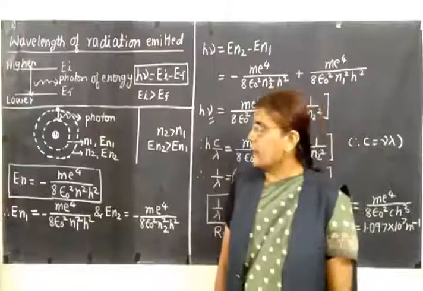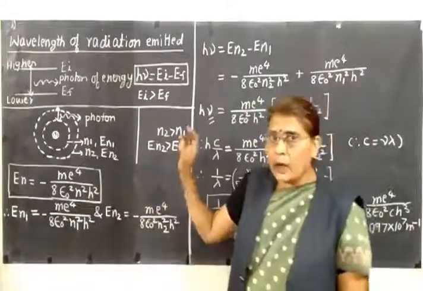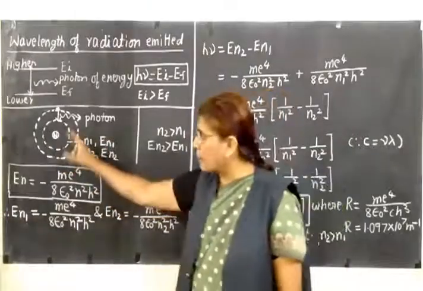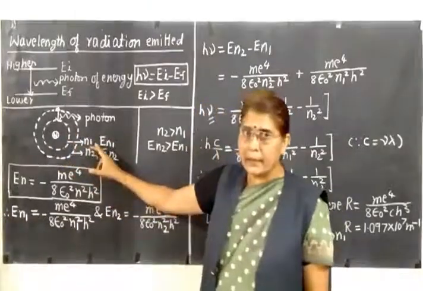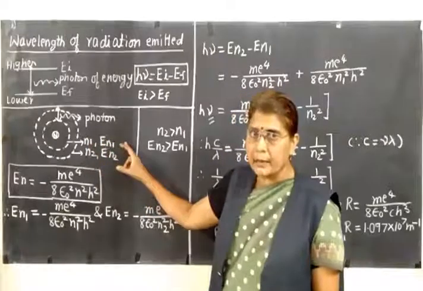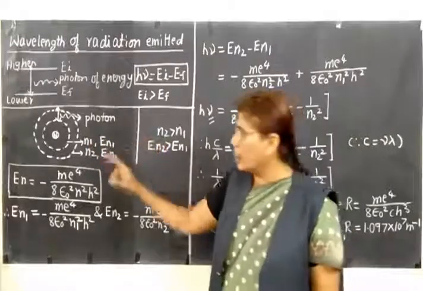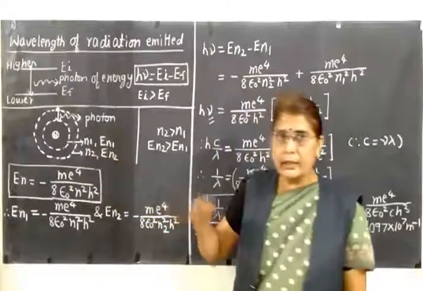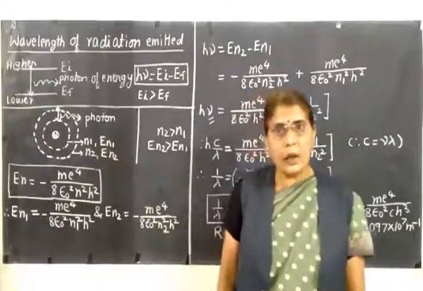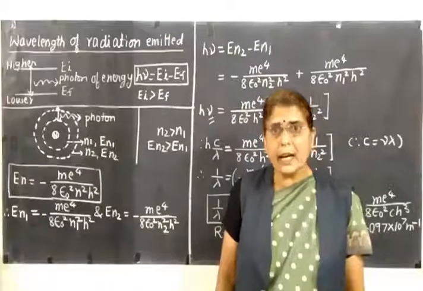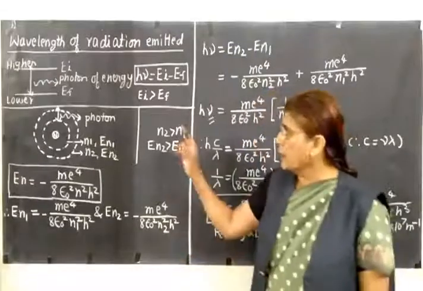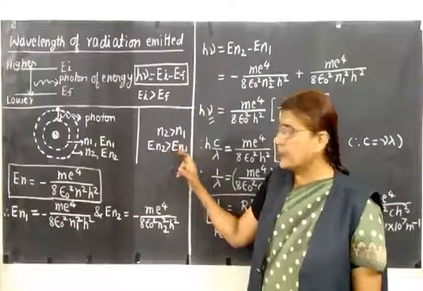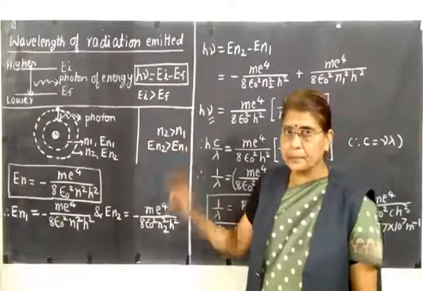Now let us consider two orbits around the nucleus of hydrogen atom. Inner orbit of quantum number n1 and energy En1. Outer orbit of quantum number n2 and energy En2. Just now we had seen that outer orbits have more energy than the inner orbits. Therefore, here n2 is greater than n1. Therefore, En2 is greater than En1.